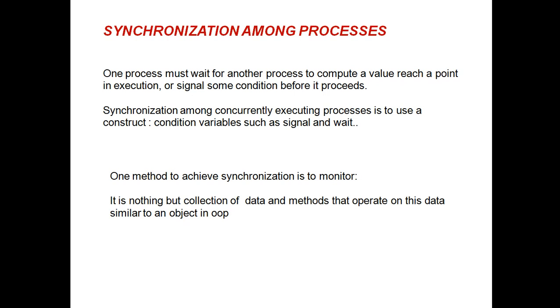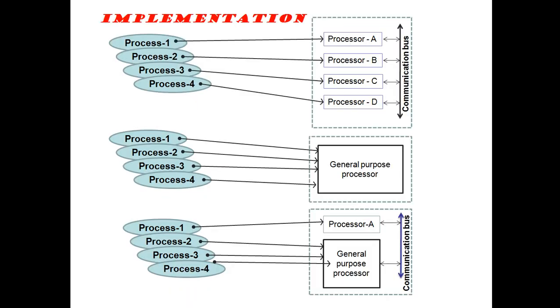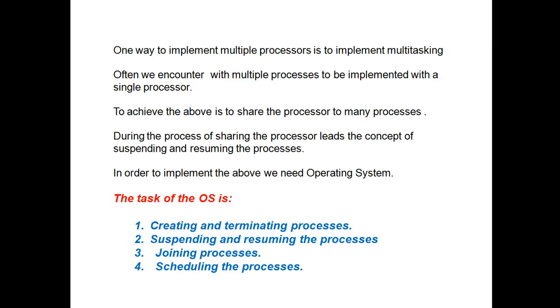Synchronization among concurrently executing processes uses constructs such as condition variables, like signal and wait. One method to achieve synchronization is the monitor. It is nothing but a collection of data and methods that operate on this data, similar to an object in object-oriented programming, or OOPS.